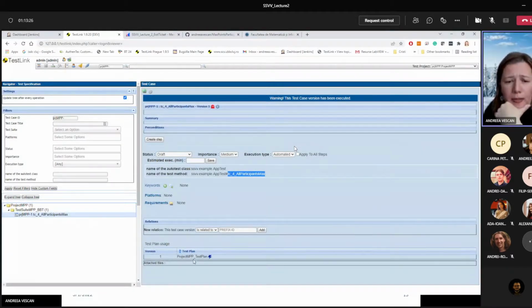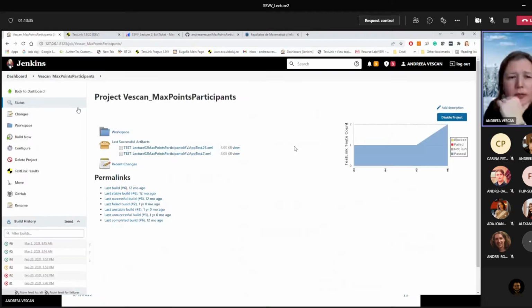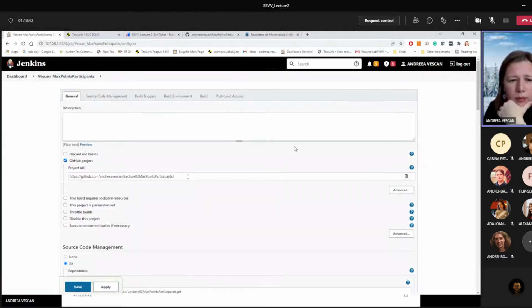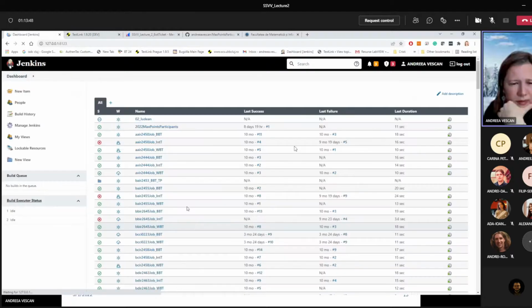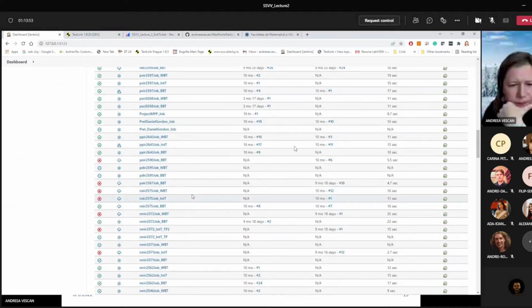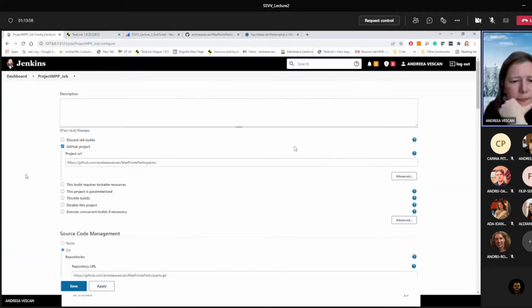And when I go to Jenkins, I have this job. In the configuration, I have specified where you can find the source code from GitHub.